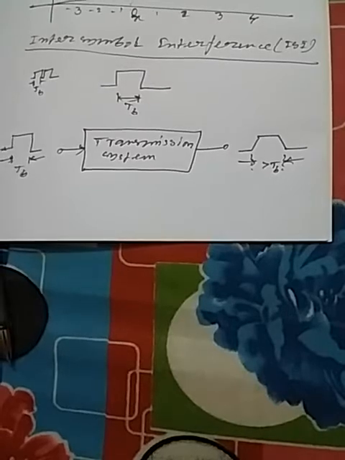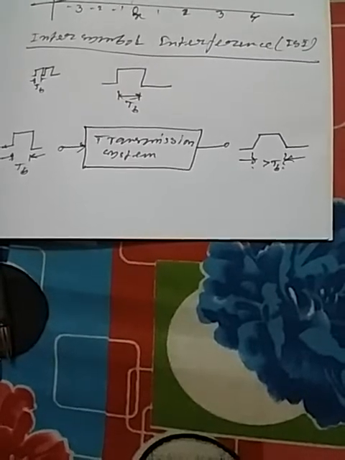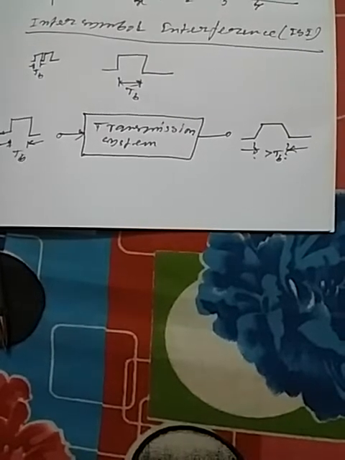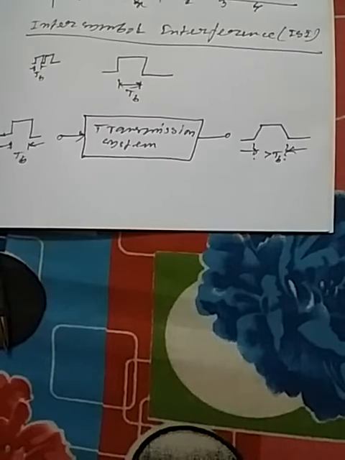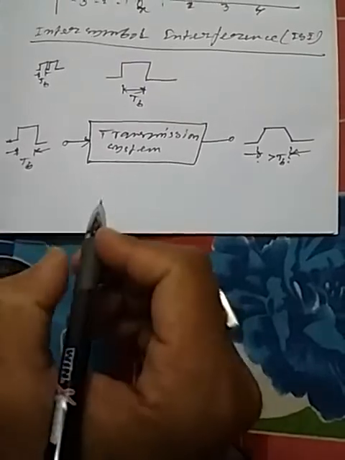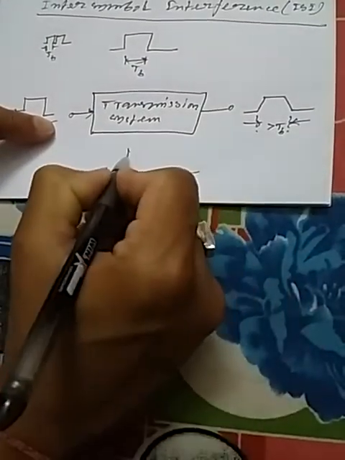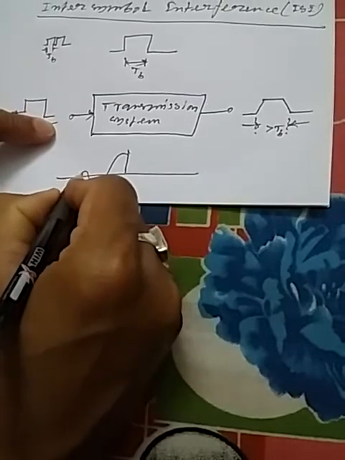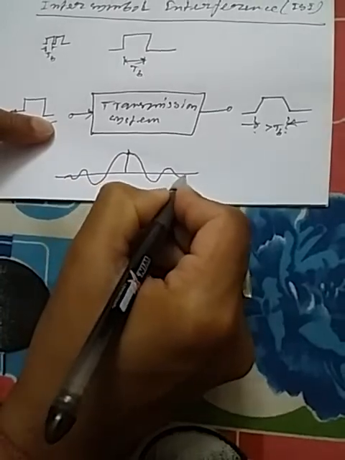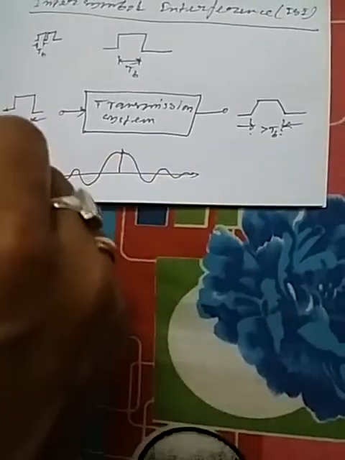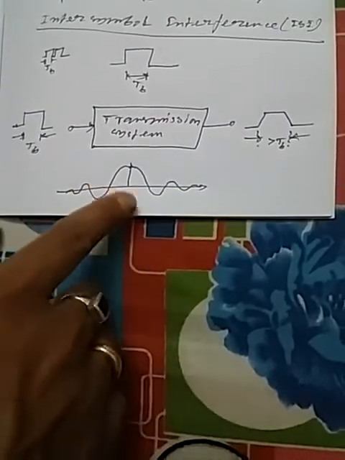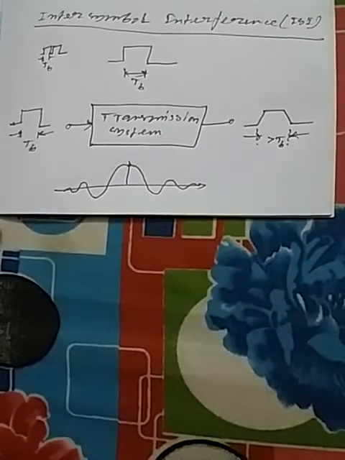Now, what are the remedies to reduce ISI? It has been proved that the function which produces zero inter-symbol interference is a sinc function. Hence, instead of a rectangular pulse, if we transmit a sinc pulse, which looks like this, then the ISI can be reduced to 0.